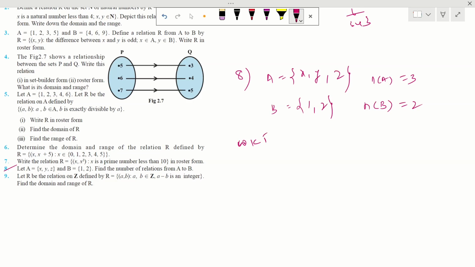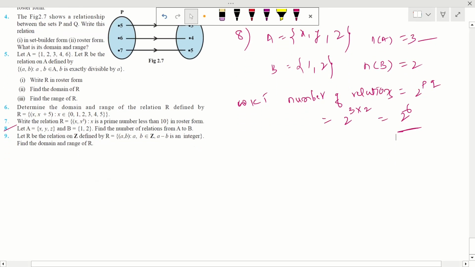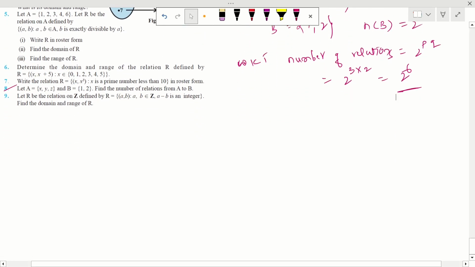We know that the number of relations is given by 2 raised to p times q. Here p is 3 and q is 2, so we get 2 raised to 6. Now the number of relations from A to B is 2 raised to 6.